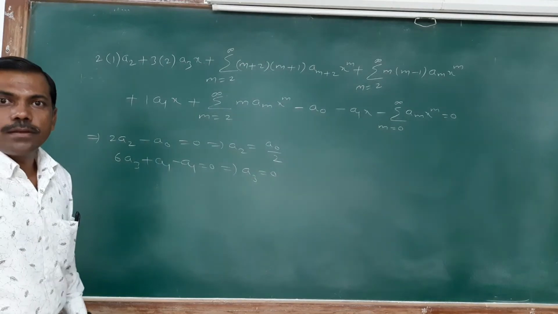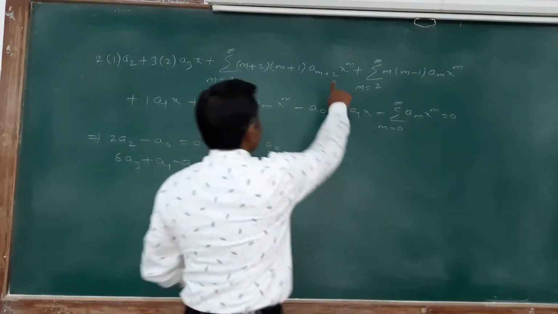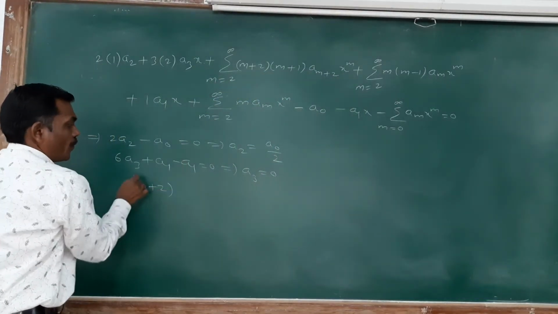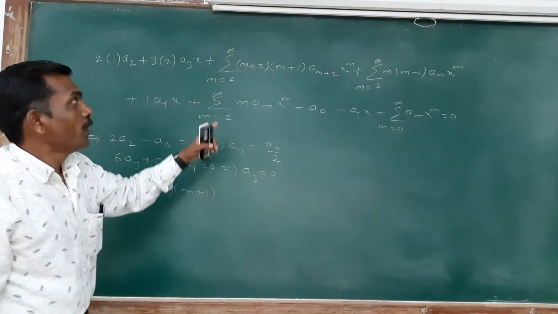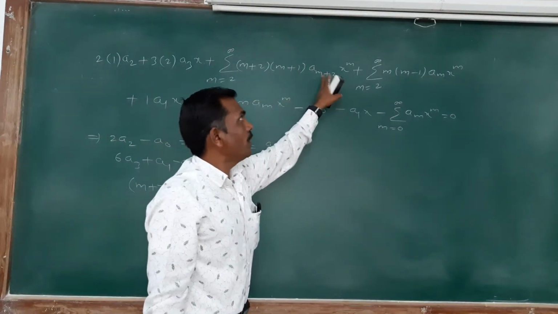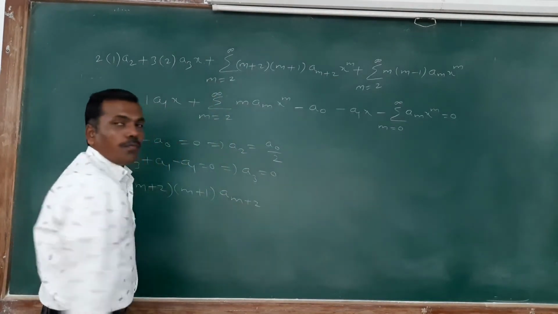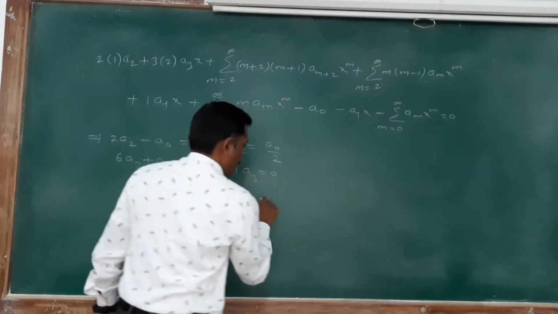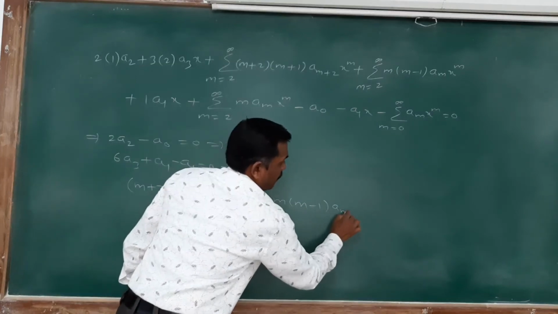Getting the value of a3. Now collect the coefficient of x raised to m. Here in the first series it is m plus 2 into m plus 1, coefficient of x raised to m: m plus 2 into m plus 1 am plus 2. Right? Next, m minus 1 am.